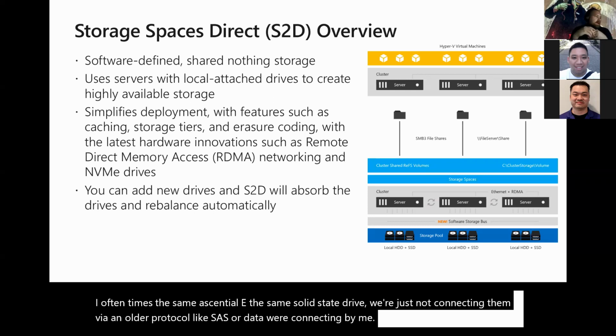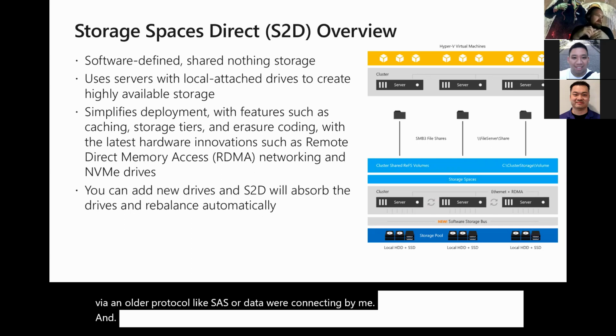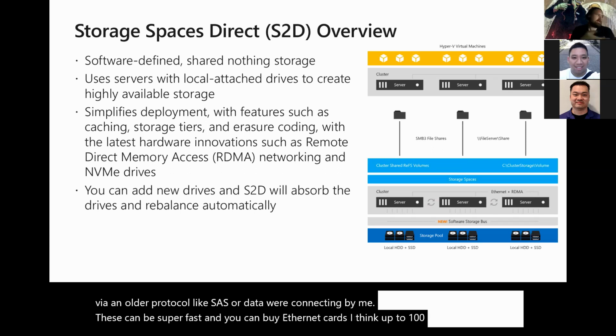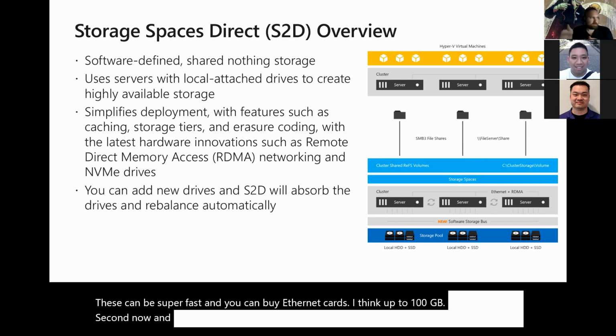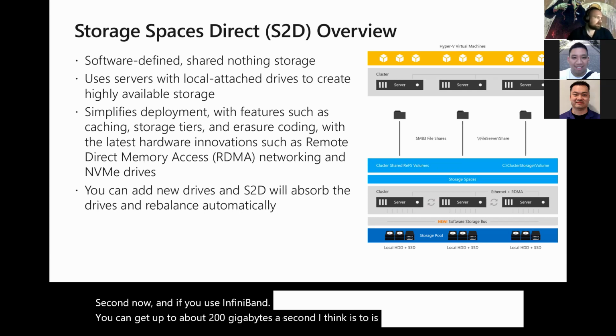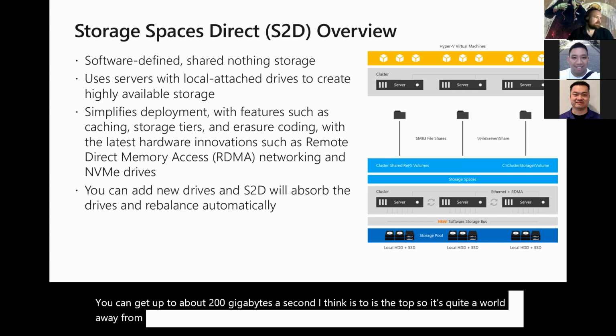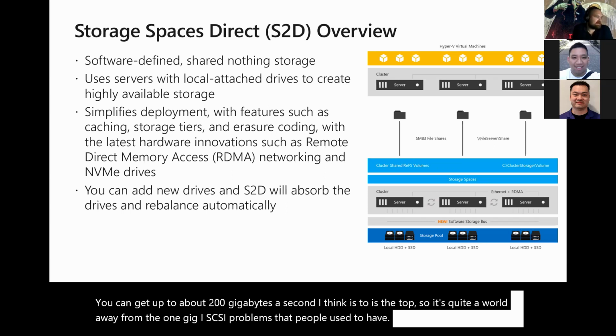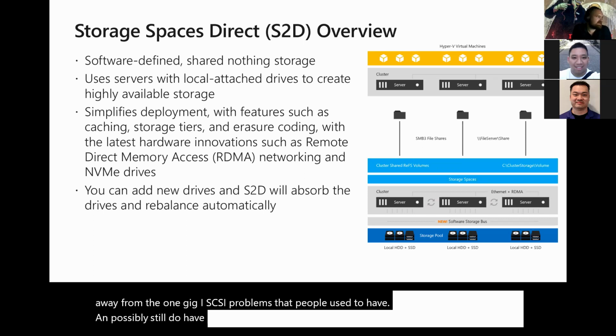And these can be super fast. You can buy Ethernet cards, I think up to 100 gigabits a second now. And if you use InfiniBand, you can get up to like 200 gigabits a second, I think is the top. So it's quite a world away from the 1 gig iSCSI problems that people used to have, and possibly still do have, but there is a solution.